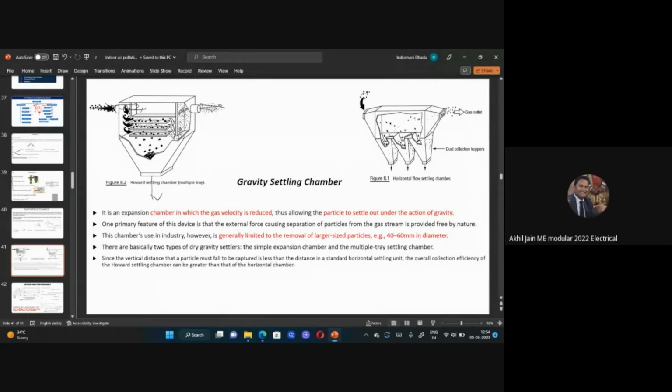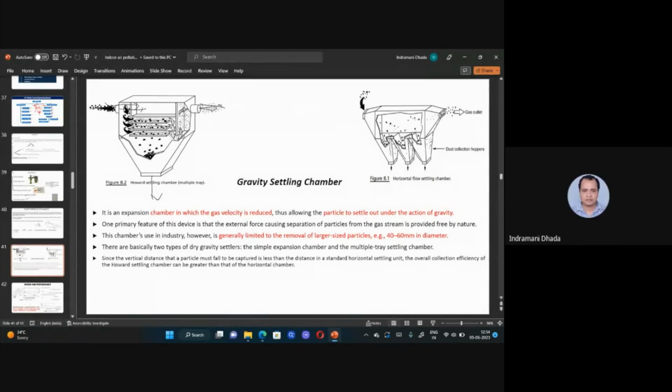Okay, similarly you can arrange these gravity settling chambers in series, so that you get a more and more efficient removal mechanism.